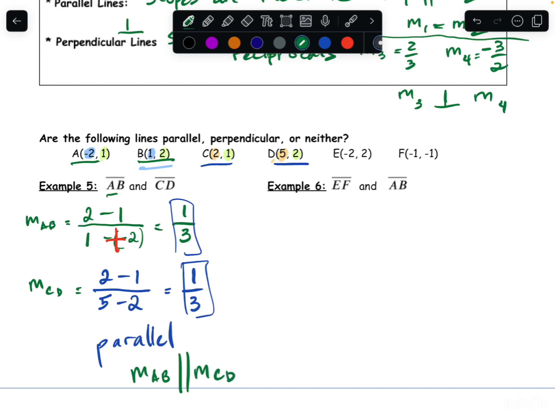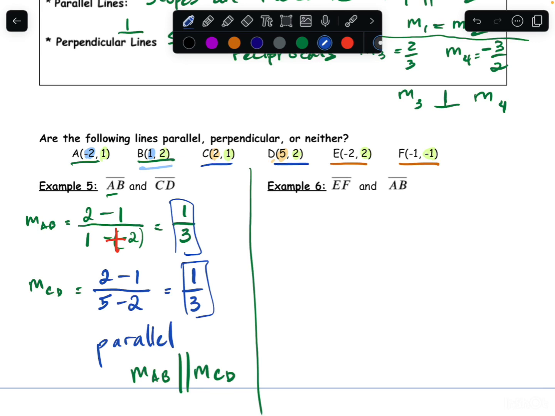Okay. Now let's go over here to the other side. Now we're going to look for EF. So EF is here. Let me highlight EF. This is E, this is F. Let me highlight the y's, 2 and negative 1.